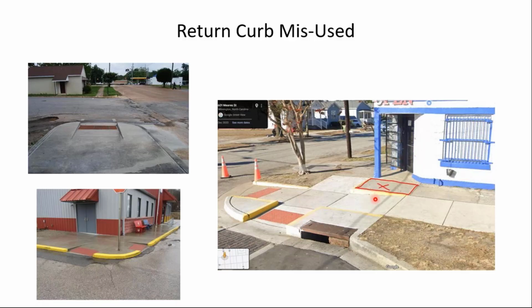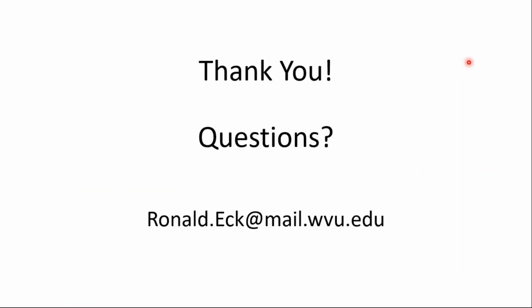And I think that's a good solution, just prevent pedestrian passage in this area. But this is a good example of what can happen if we have the vertical curb returns in a pedestrian circulation area. And again, it's a safety issue. It's not an accessibility issue.